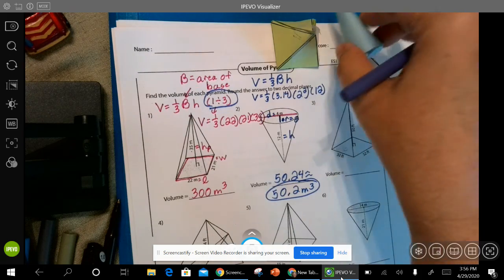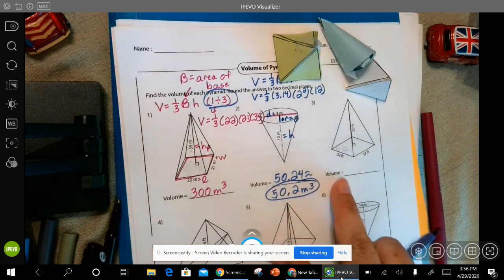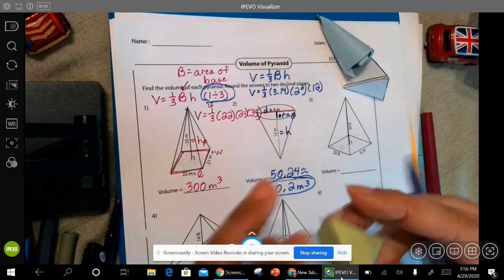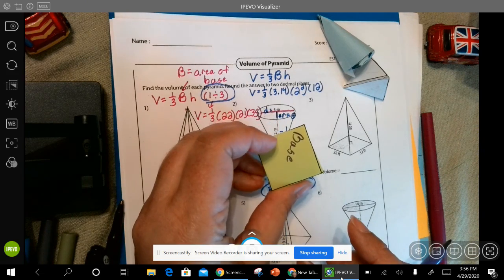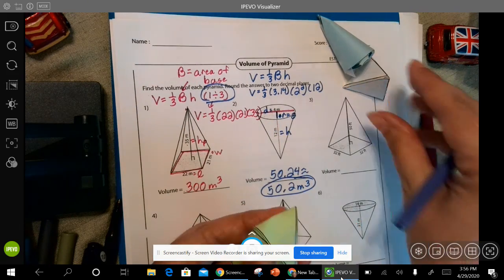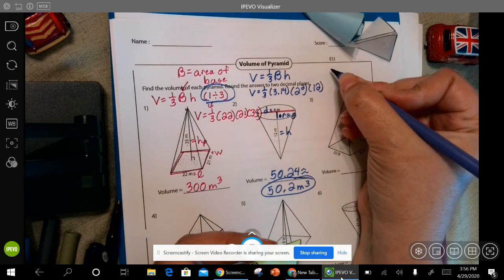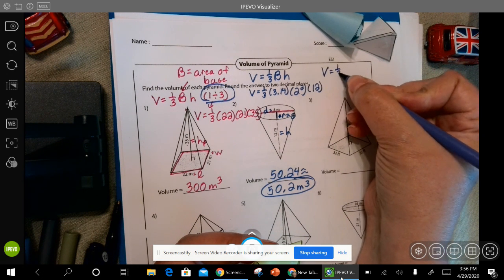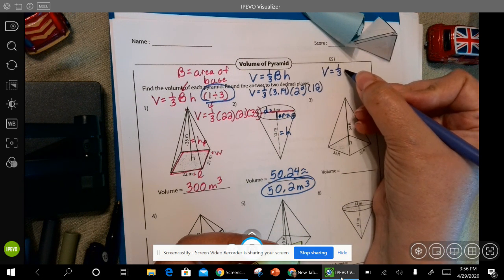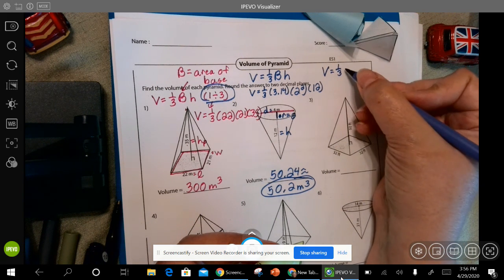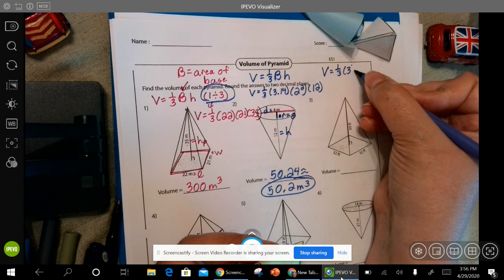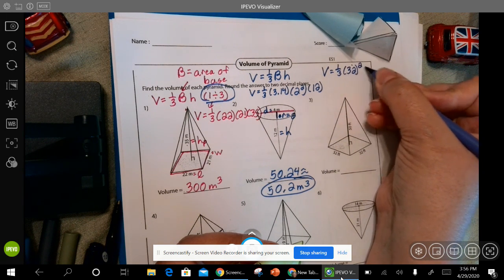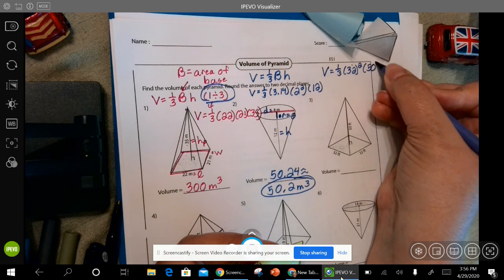Okay, so now we have another one. This one, everybody, is a square pyramid. It's still going to be 1/3. Our base is a square, so it's going to be 32 squared times 50.